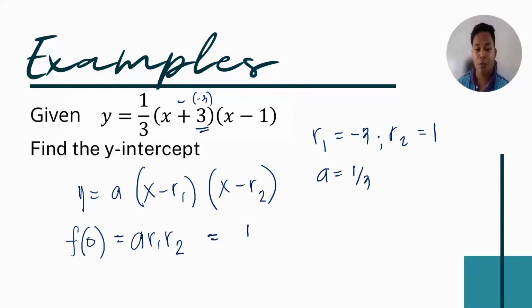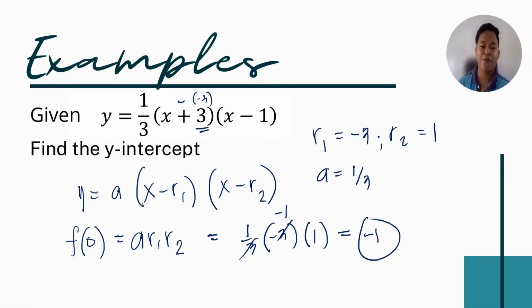We have 1/3 times negative 3 times 1. We have 1/3 times negative 3, so we can cancel. It becomes negative 1, since negative 3 divided by 3 is equal to negative 1, times 1, which is equal to negative 1. Therefore, the y-intercept of this given quadratic function is at (0, negative 1).